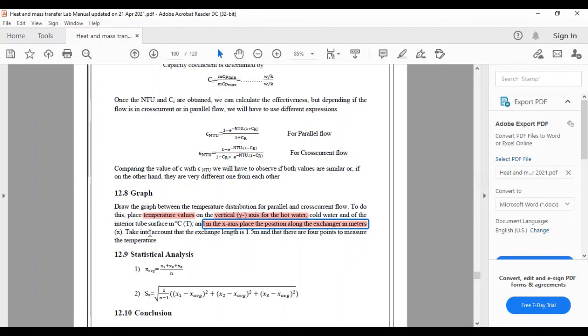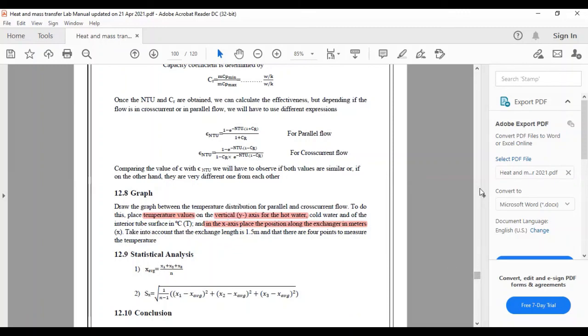The total length of the exchanger is 1.5 meters, and there are four different sensors of hot water and four different sensors of cold water. They are all at different, equidistant positions, and their positions are given in the manual. So you can use those positions on the x-axis, and plot the graph of the cold water and hot water temperatures on the y-axis.